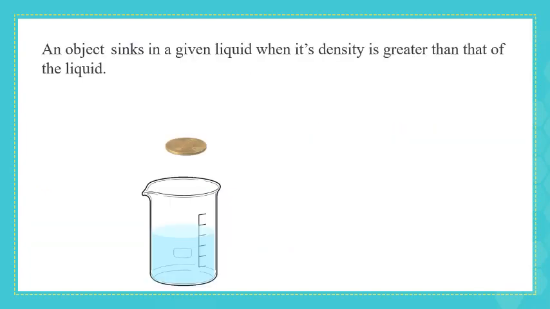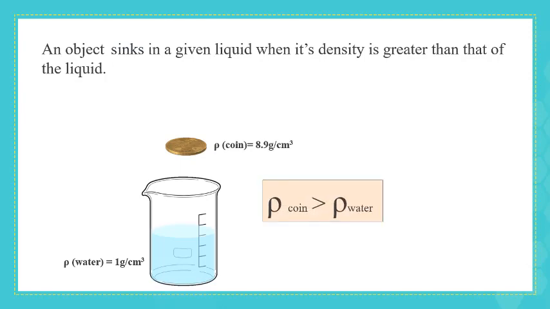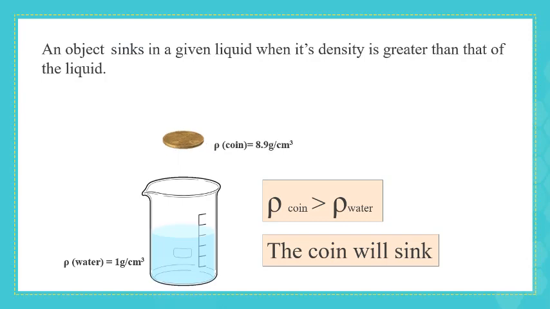Let's see, this is the metallic coin, where its density is 8.9 gram per centimeter cube, and the density of the water is 1 gram per centimeter cube. So the density of the metallic coin is greater than the density of water. For that, the coin will sink.